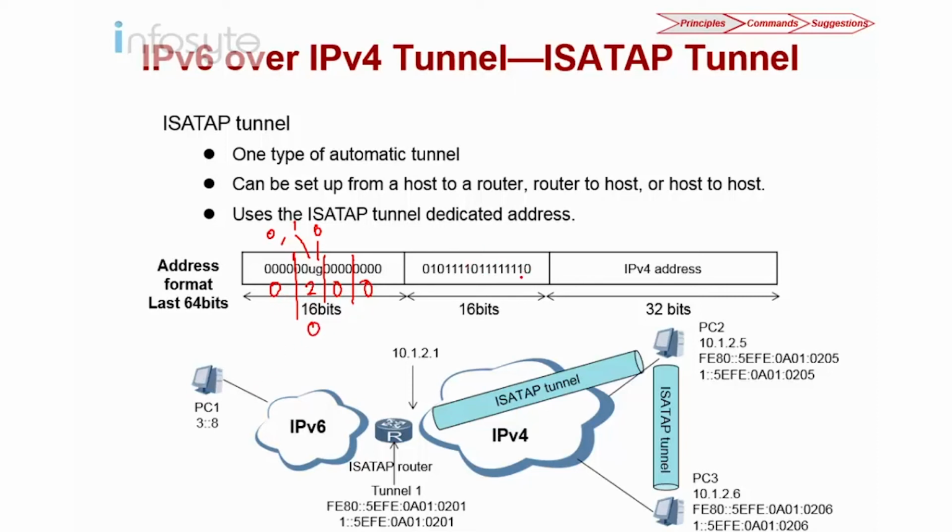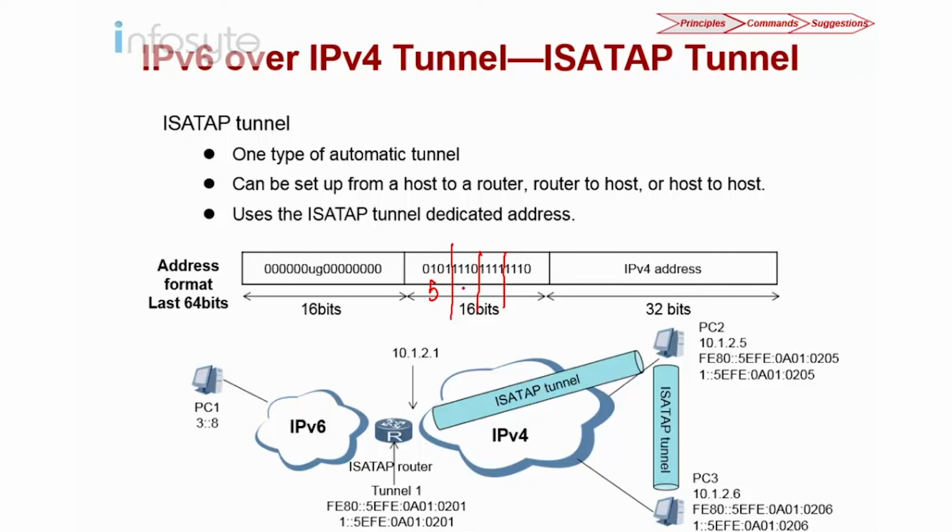Now next we have the second 16-bit over here. You can see that this one is 4 bit. Let me do it again. 1, 2, 3, 4. 4 bit here, 4 bit here, 4 bit here. Now if you turn these bits into hexadecimal, this is 0101, that will be 5.